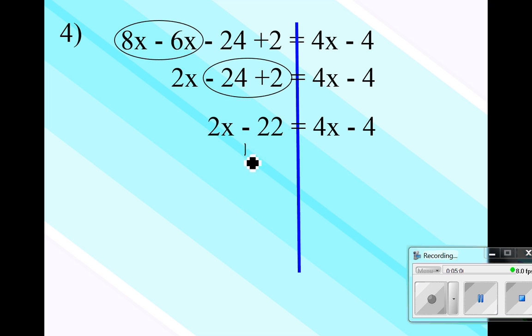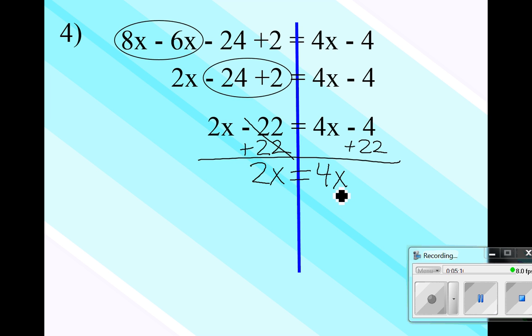before. So I'm going to add 22 to both sides. Bring down 2x equals 4x. I make a t-chart. I have 4 on the negative side, 22. So that means I'm going to subtract. That will give me 18, and it's positive. So I do plus 18.